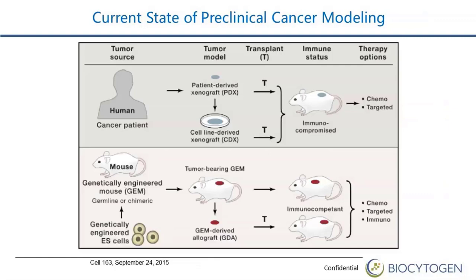Currently we use many animal models for cancer study, like PDX and CDX models in immune compromised animals. We also use genetically engineered mouse models, the GEM model, and GEM-derived models in immune competent animals.